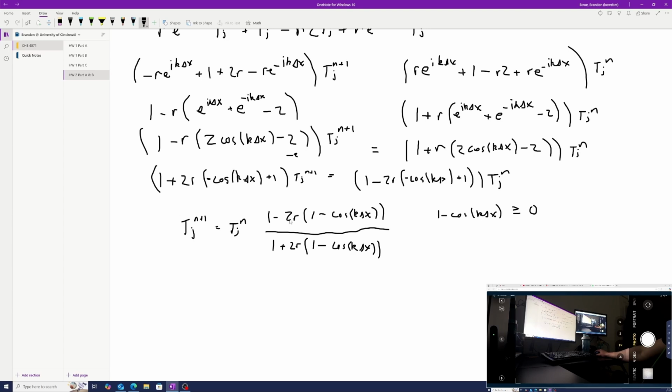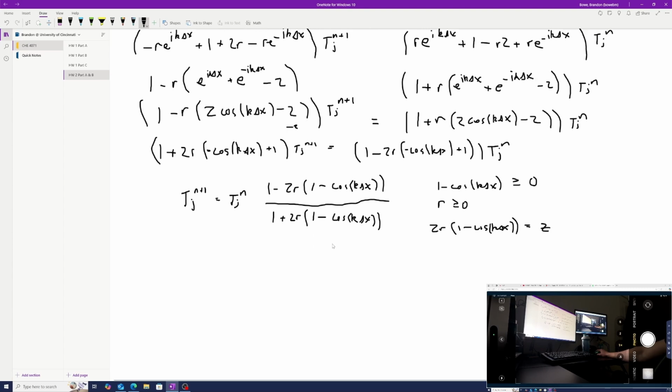And we know that the value of r cannot be negative, so we know that r will also be greater than or equal to 0. So using this, we can combine this entire term, r times 1 minus cosine k delta x, into any variable, which we can call z. And we can see that there's two of them.